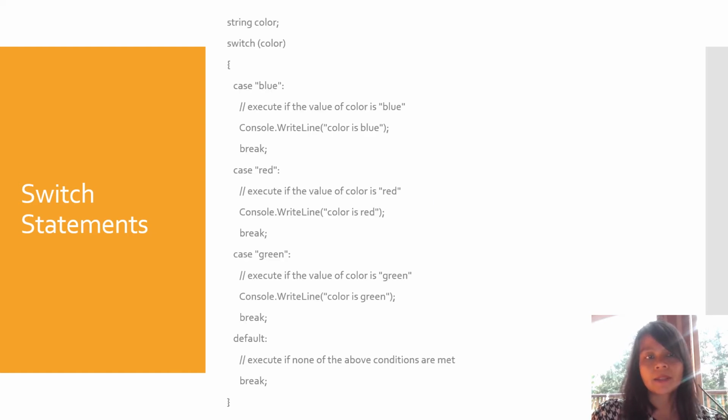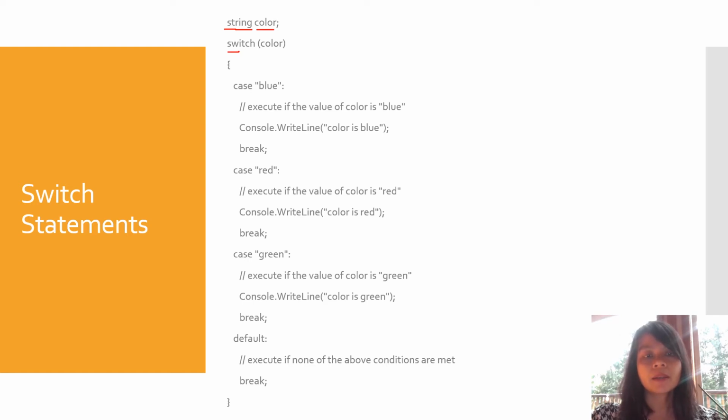All right, so here you're defining your variable, color, and the data type is string. You haven't assigned a value, okay? So here, switch color.